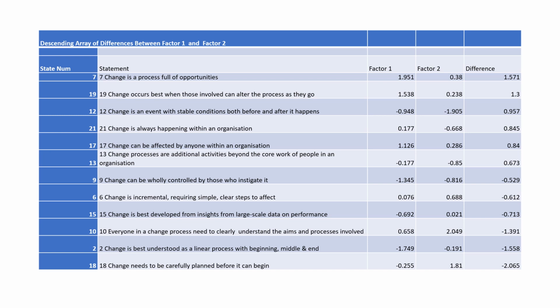Second group, absolutely. First group, yeah, to a degree, that's okay. But again, we're not really that bothered. Whereas number 9, can change be wholly controlled by those who instigate it? Neither of them really think that that's the case.